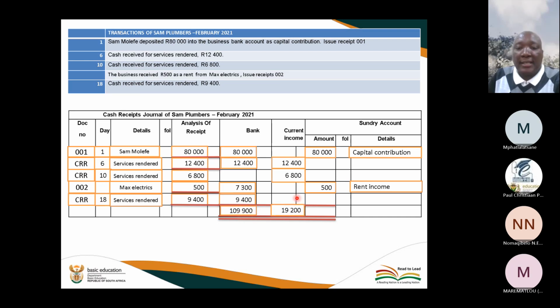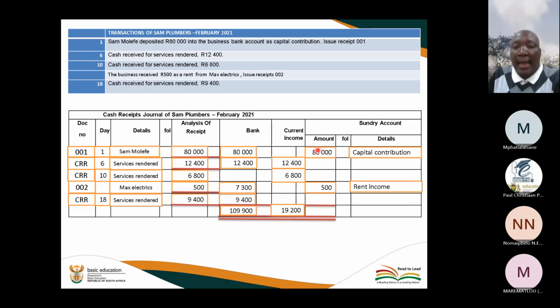We add all this, 19,200. Remember, I said there is supposed to be an amount here, meaning 19,200 comes from where? It comes from these two amounts. So if 9,400 was here, it should have been at least more than 19,200. Because 9,400 was not transferred here, that is why we have 19,200. But don't worry, it will be corrected in future.